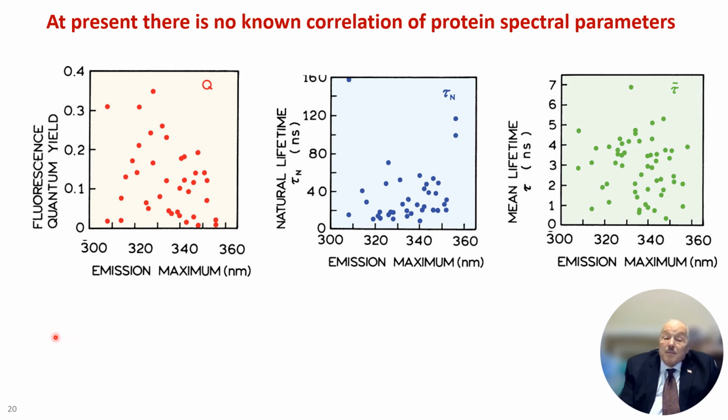This is a slide prepared by one of my friends, where he collected data for a large number of proteins, and he looked at the emission maxima compared to the quantum yield, or the emission maximum compared to the mean lifetime, or compared to the natural lifetime of the fluorophore, the one without any quenching. Basically, these plots say that there's really no known correlation between the protein structures and the spectral parameters, unless you have done a detailed study and you know something about the proteins.